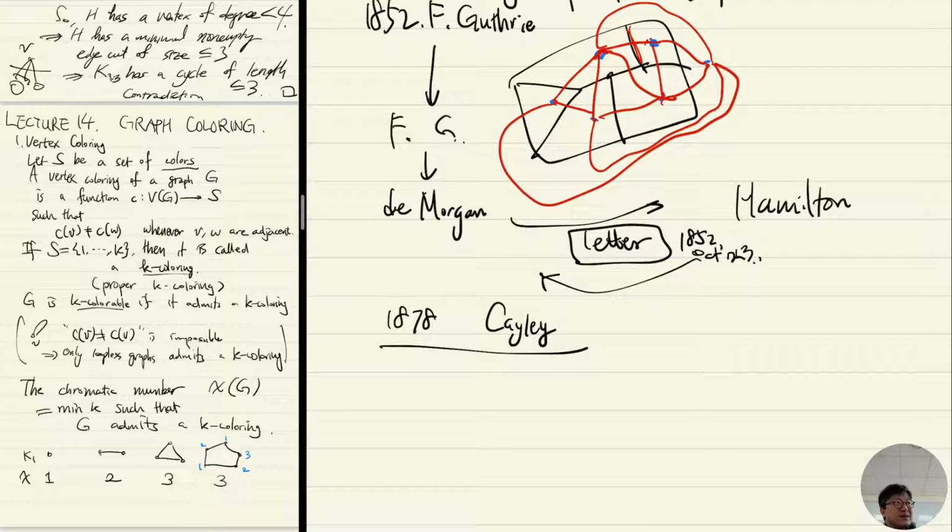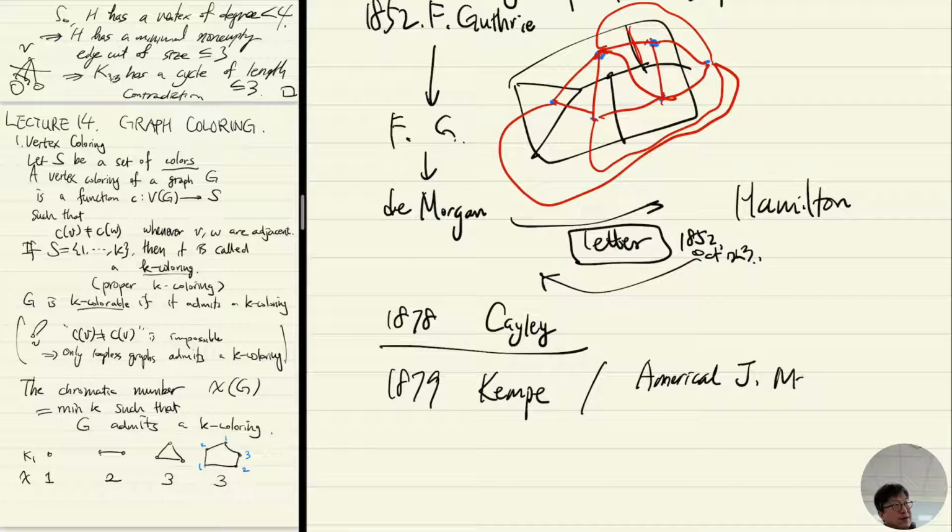And then surprisingly, just 1 year later, in 1879, Kempe wrote a proof and published it in the American Journal of Mathematics. Kempe published the proof that every planar graph is four-colorable.